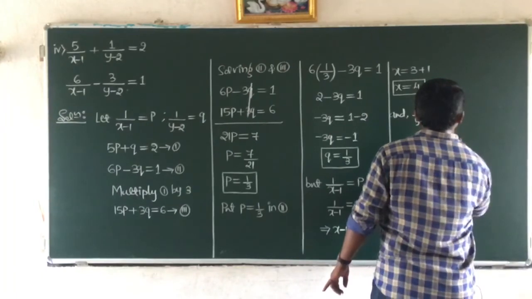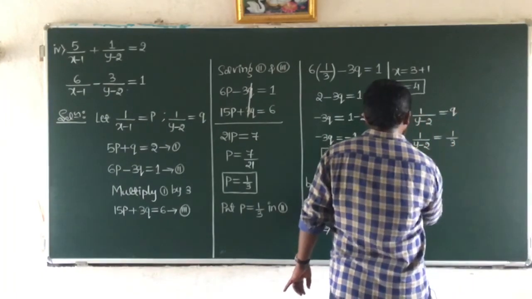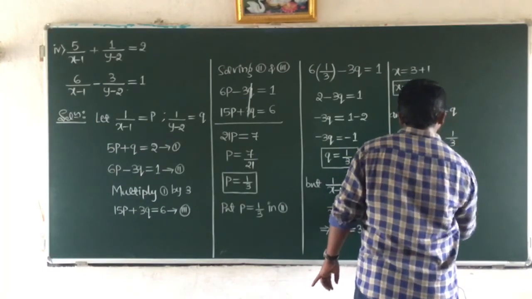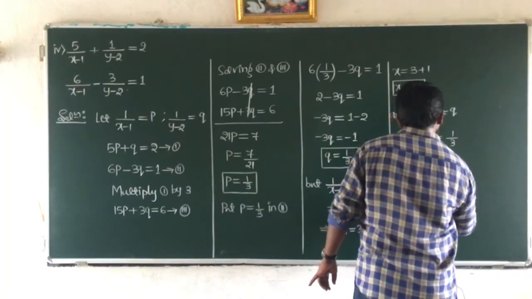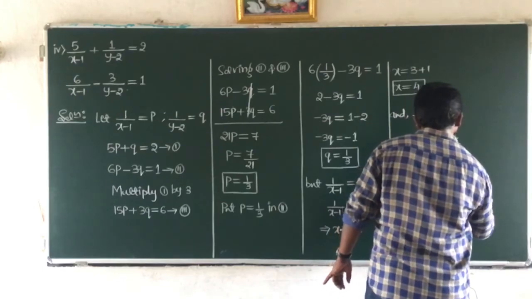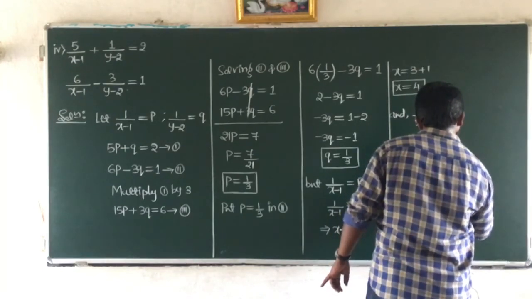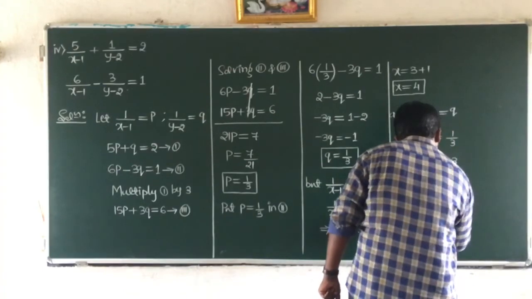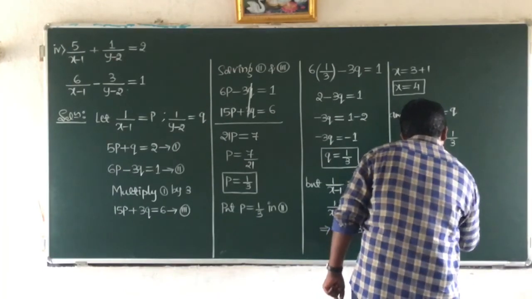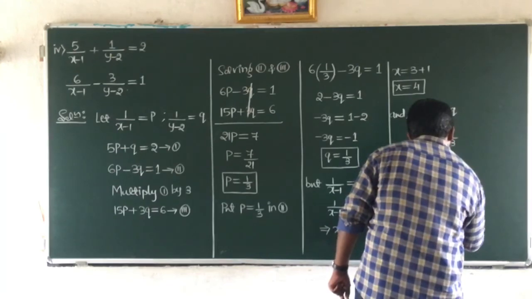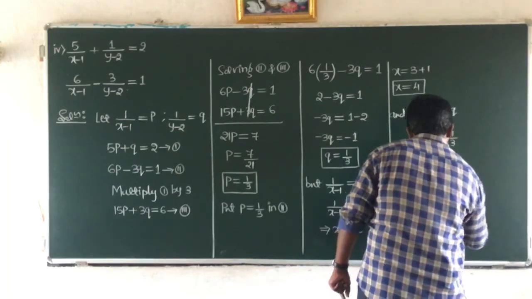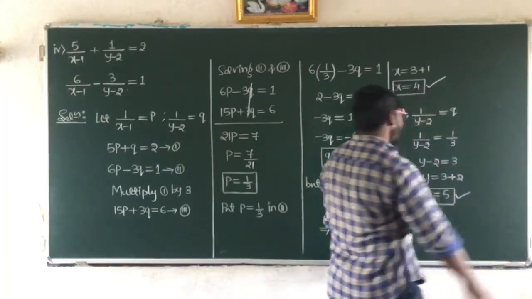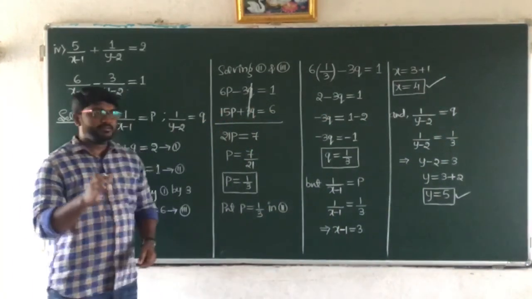This implies y minus 2 is equal to 3. Therefore, y is equal to 3 plus 2. Now, what is 3 plus 2? It is 5. So, y is equal to 5. So, this is the value of y. We have got the value of x and y. So, this is all about the fourth sub question.